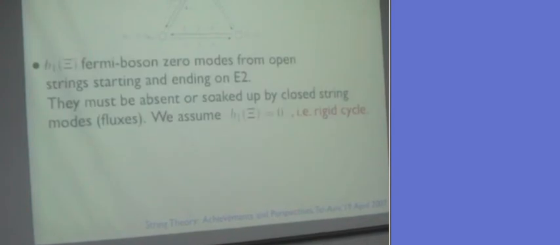The point I want to make now is that we can have two different situations, but before I come to this, I would like to discuss the zero mode structure a little bit more.